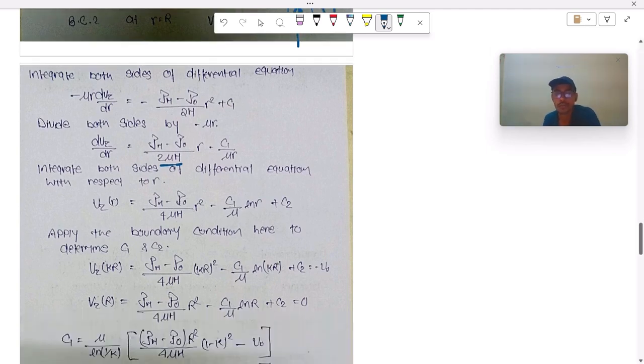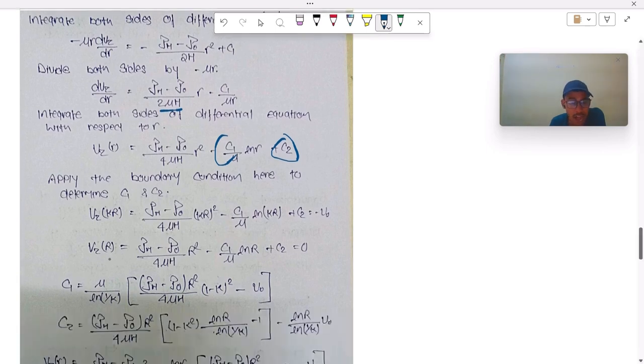plus C2. And we have the two boundary conditions which we use to get the values of C1 and C2. By applying the boundary condition, we get Vz at kappa R is equal to the change in modified pressure upon 4 times mu h times kappa R, minus C1 upon mu ln kappa R, plus C2, is equal to minus v naught.